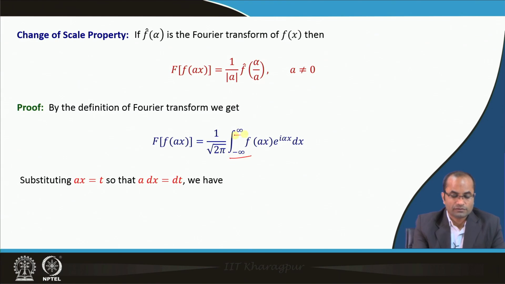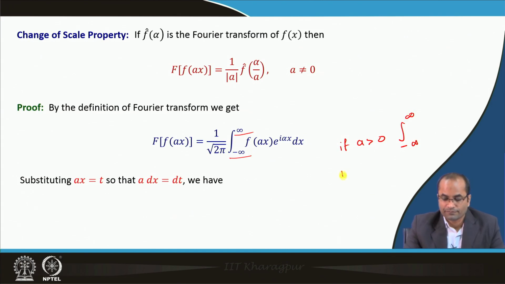However, the range of integration, which was minus infinity to plus infinity, will remain the same if a is positive. So, if a is positive, the range of this integral after this substitution will remain the same, but if a is negative, because we have not fixed the sign of a, in that case the limits will change, there will be a minus sign, and then we can put minus infinity to plus infinity.